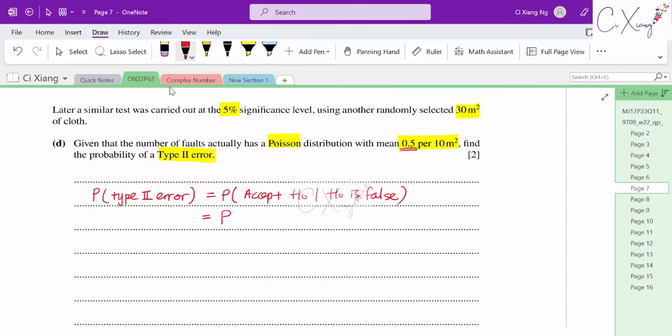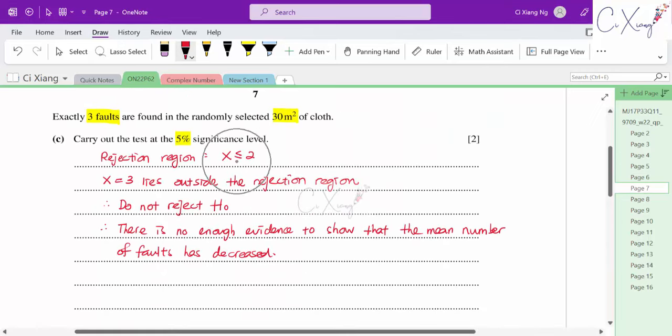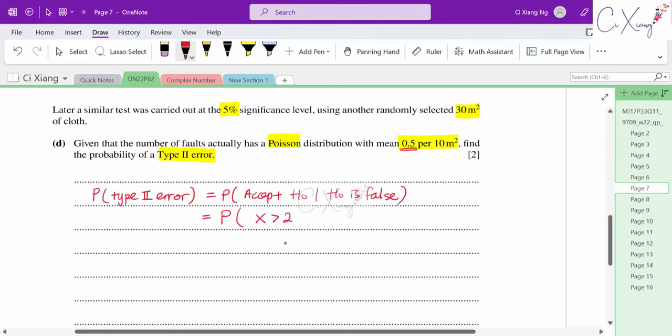For the acceptance region, the accept null hypothesis part, we input the acceptance region. If I translate everything into symbol form, the acceptance region is x greater than 2, because in the previous part we know that our rejection region is x smaller equals to 2, and this is a Poisson distribution. And then what is the new lambda for 30 meters square of growth?